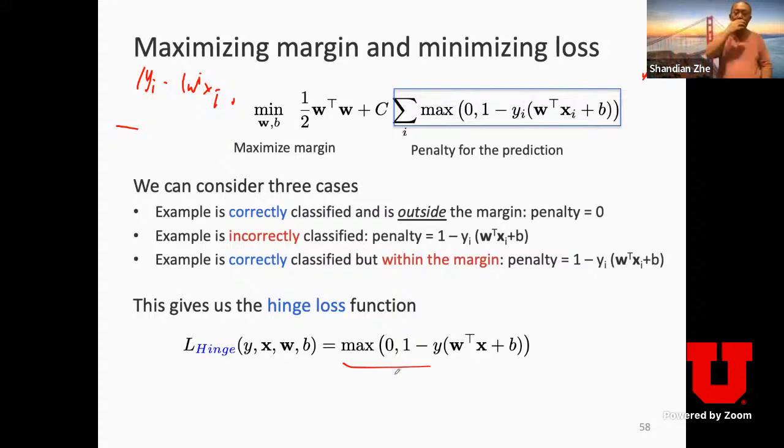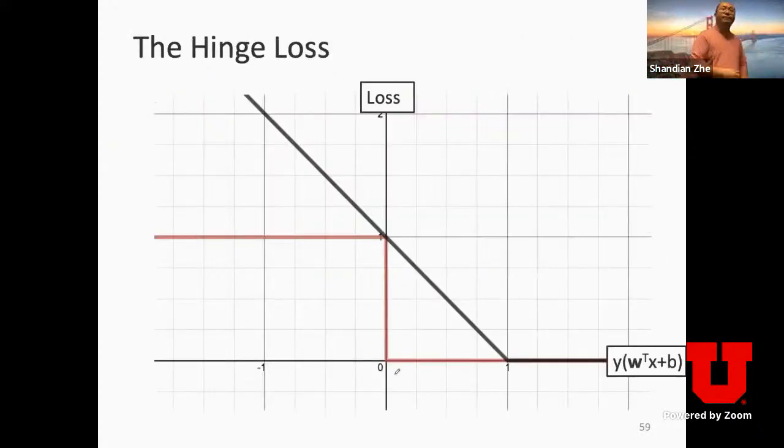Okay, so let's place the hinge loss in a figure and see what happens. The y-axis in this figure indicates the loss function value. The x-axis represents yi times w transpose xi plus b, the function margin.